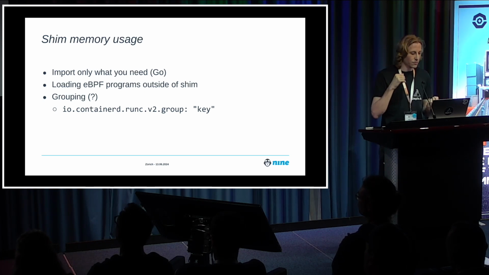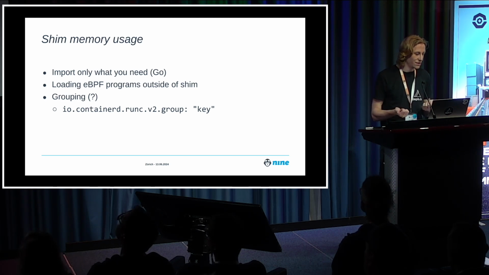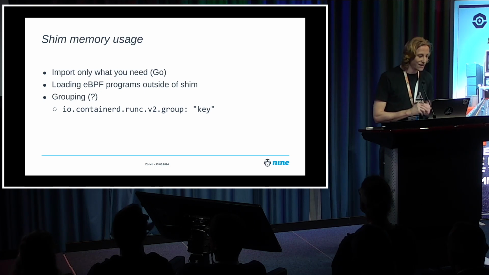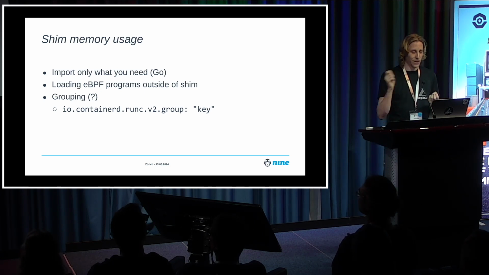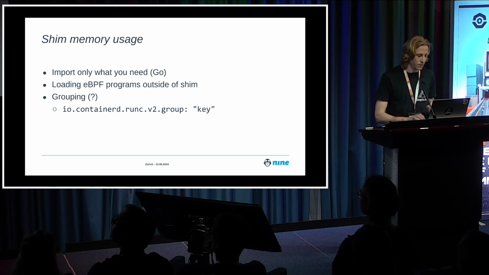Of course, one downside is if your shim binary dies, all the containers using that shim key will be affected. I'm also not sure if there are any other security implications. There's an open question about this in the Containerd GitHub. I asked, but I didn't get a reply yet. But as far as I can tell, it creates the same amount of cgroups, so the individual containers should be isolated as usual. Should.